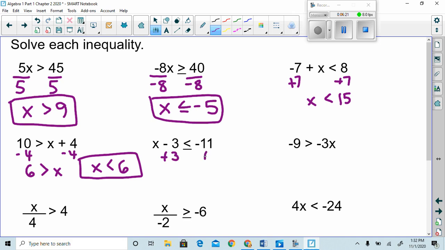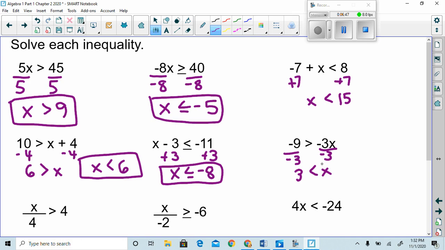Let's add 3 on both sides for our next inequality. And I get x is less than or equal to 8, negative 8, that is. I see a negative, and it tells me that I'm dividing by negative 3. When I divide by negative 3, it reverses the direction of my inequality.